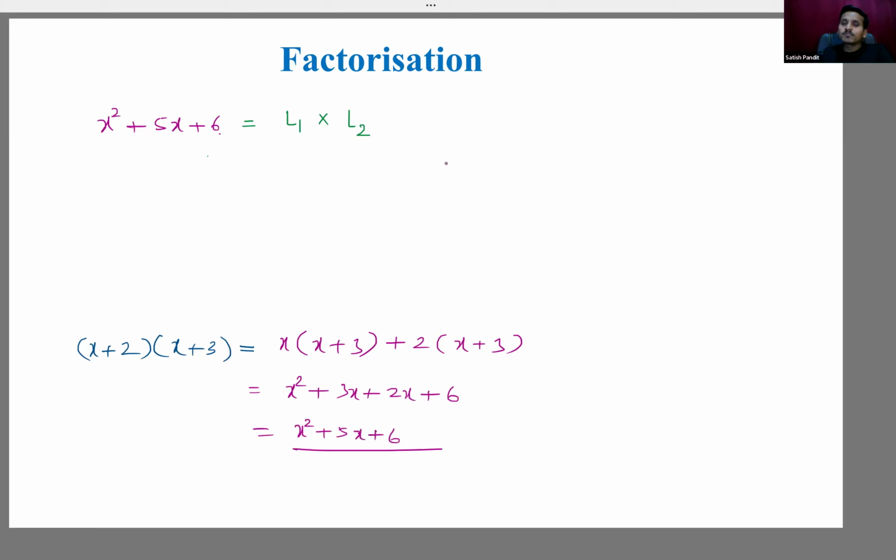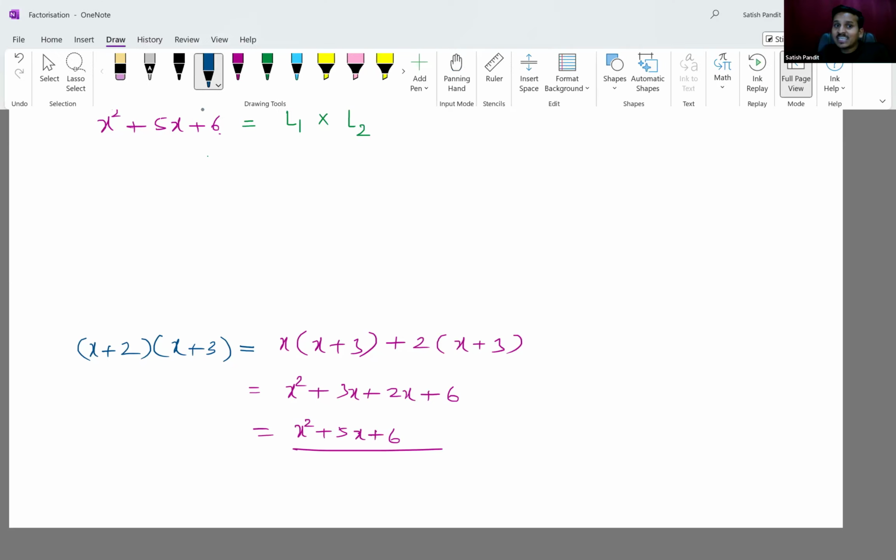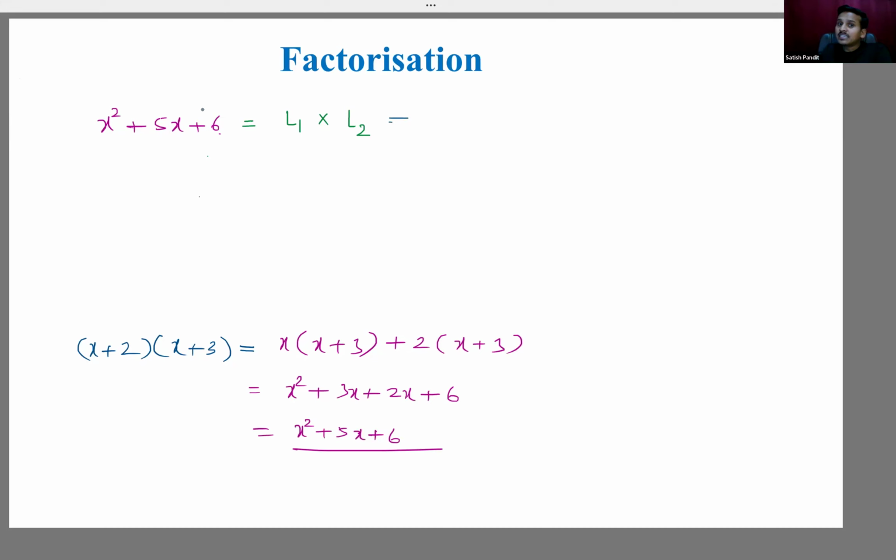If you look, x squared plus 5x plus 6 can be written as x plus 2 into x plus 3.